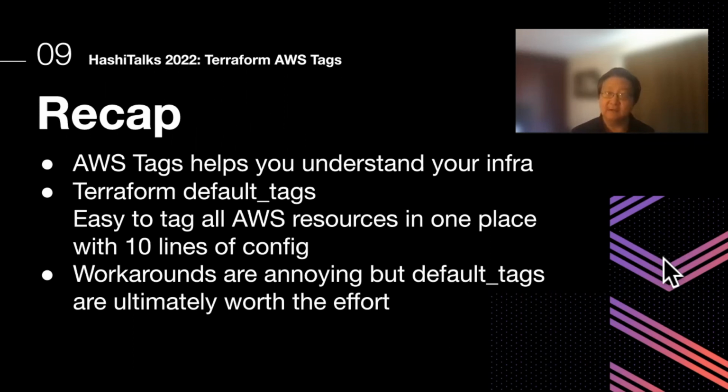Terraform default tags feature can easily help you to tag all your AWS resources in one place with just 10 lines of configuration or less. So it's really nice to do that.